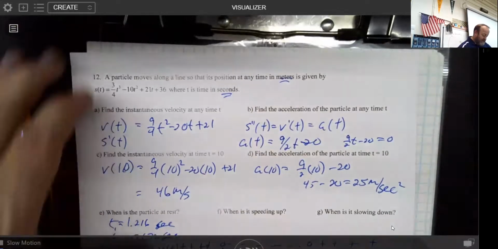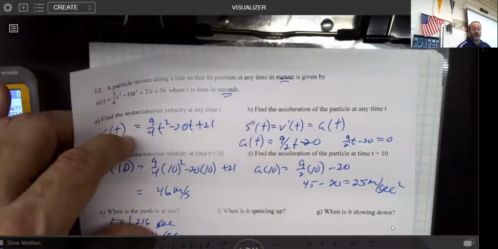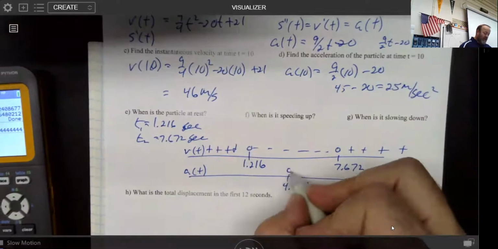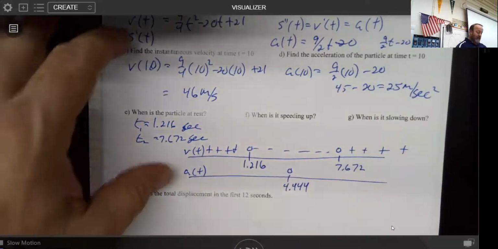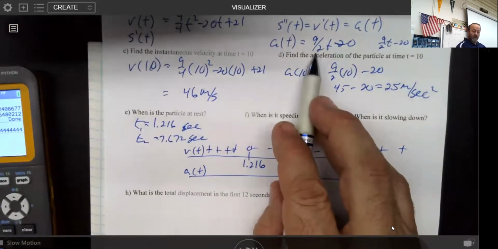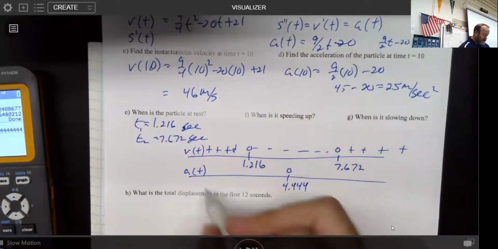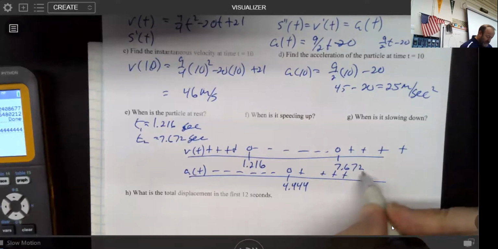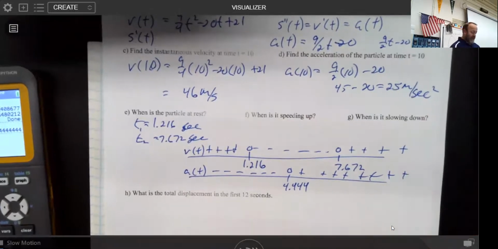Since we're using all decimals in here, I'm not going to bother to do something fancier. Again, this is a line with a positive slope and a negative y-intercept. So it started out below the axis, and since it has a positive slope, it's going to end above the axis.